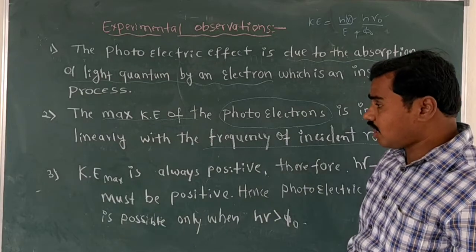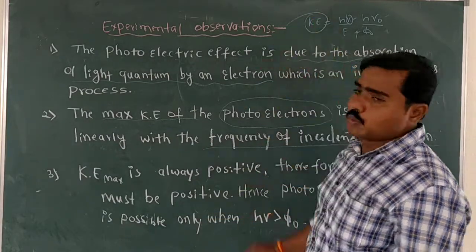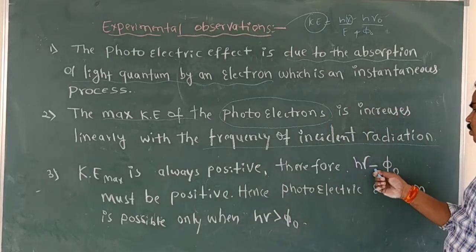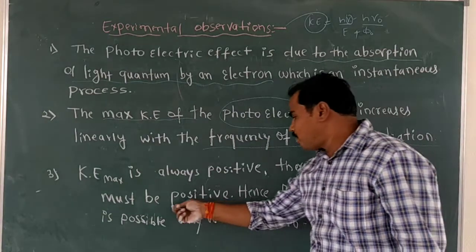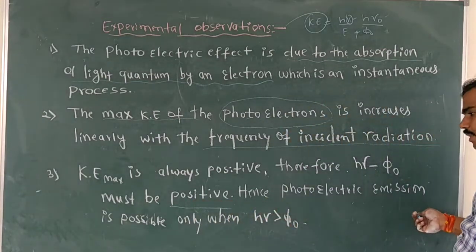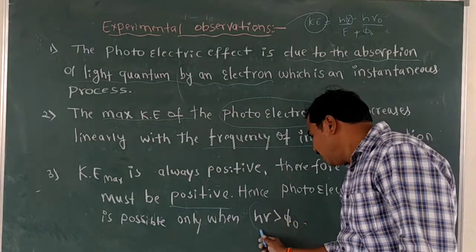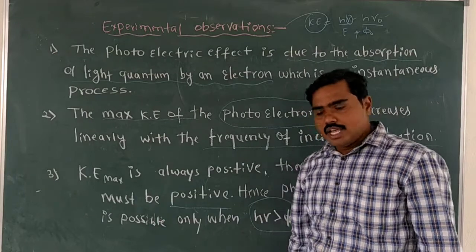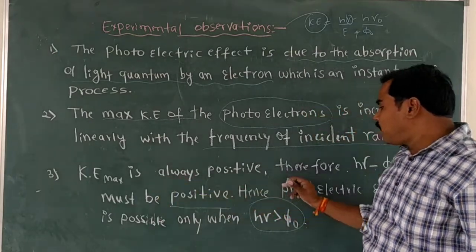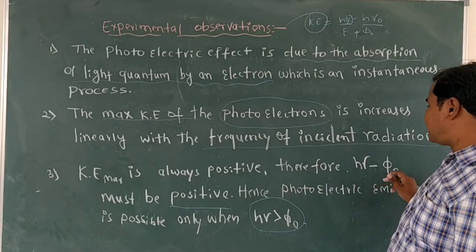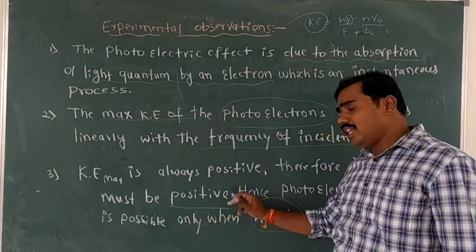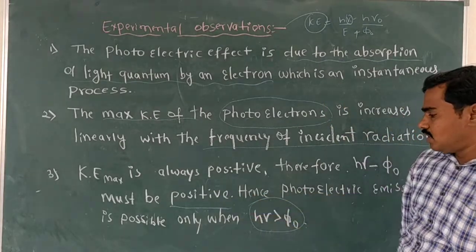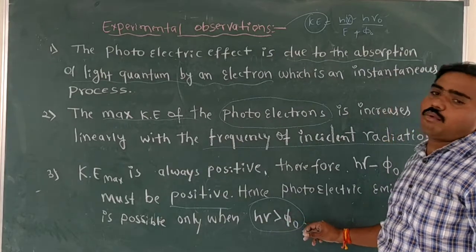And the third one: kinetic energy is always positive. Therefore, h nu minus h nu naught must be positive. Hence, photoelectric emission is possible only if h nu is greater than the work function phi naught.